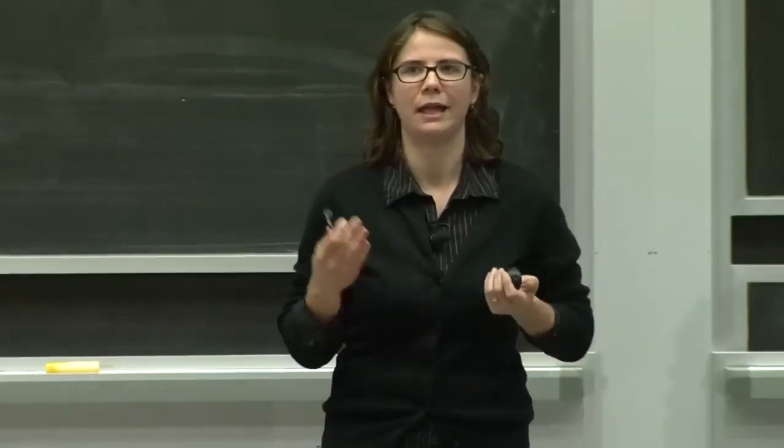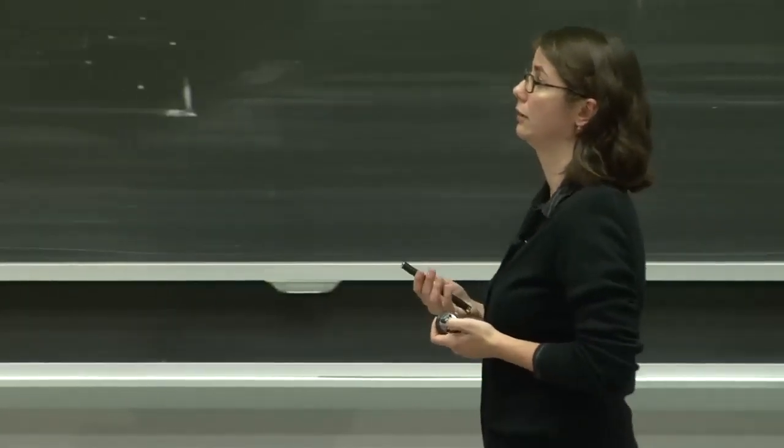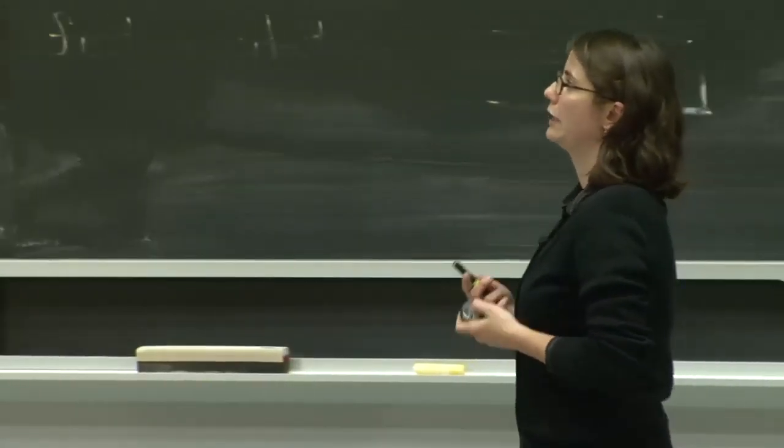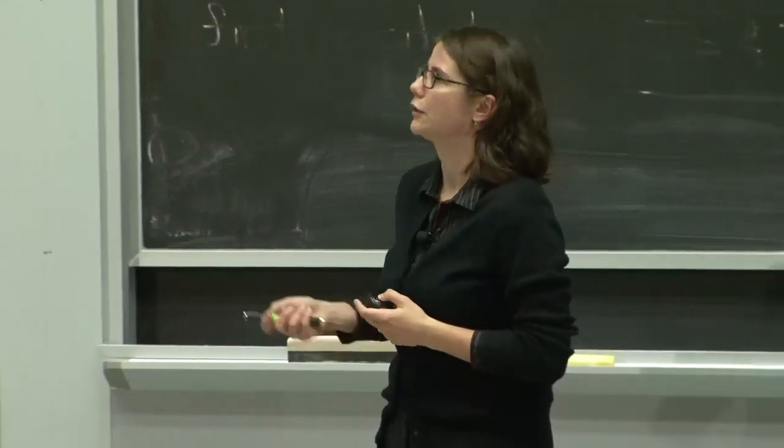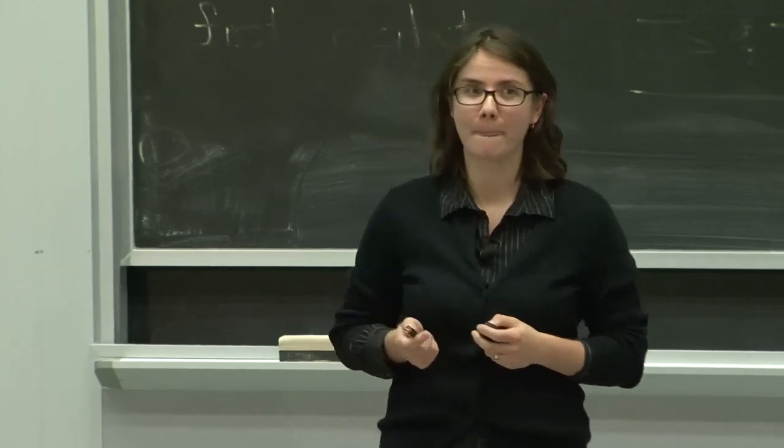It's just going to execute whatever statements you've put up. So in programming languages, there's only one meaning, but the problem that comes into play is it's not the meaning that you might have intended as the programmer. So that's where things can go wrong.